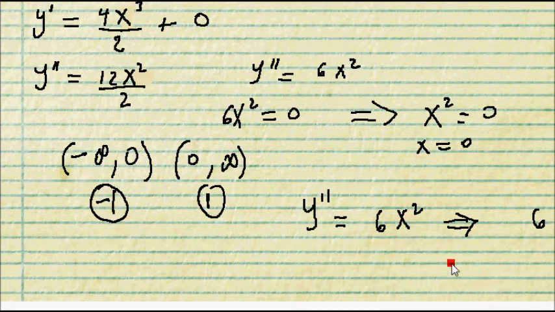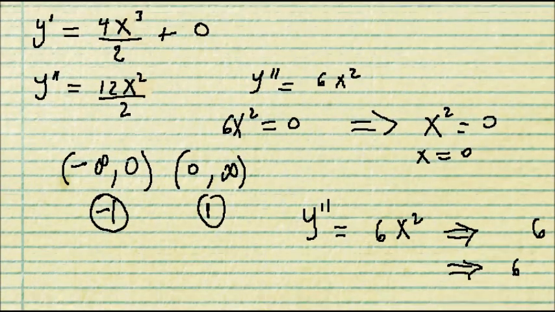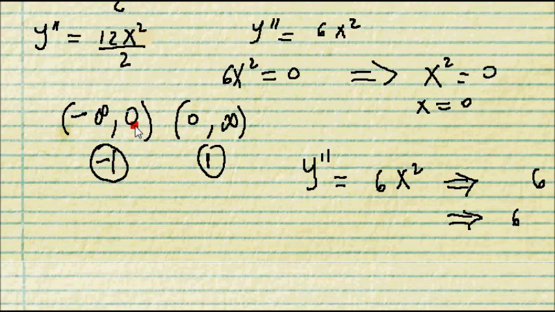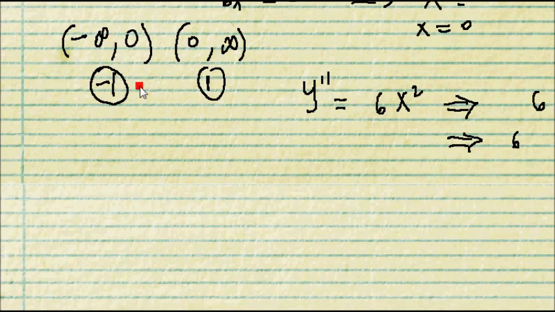So the concavity does not change from negative infinity to 0 and from 0 to infinity. So this is telling us that the point x equals 0 does not lead to an inflection point.